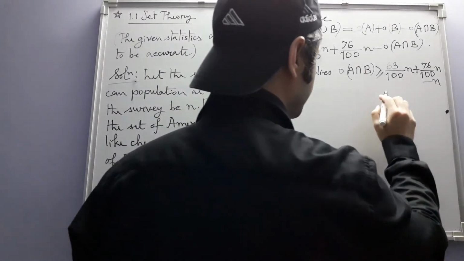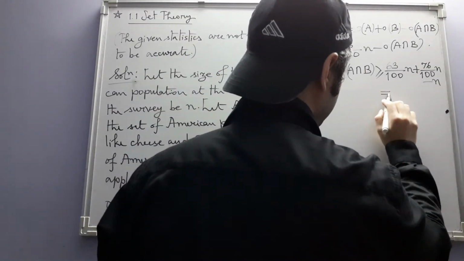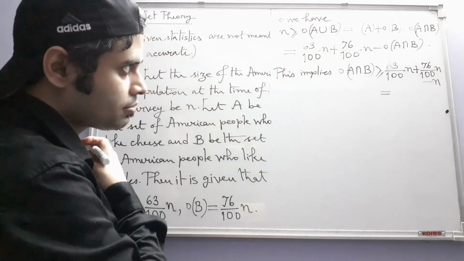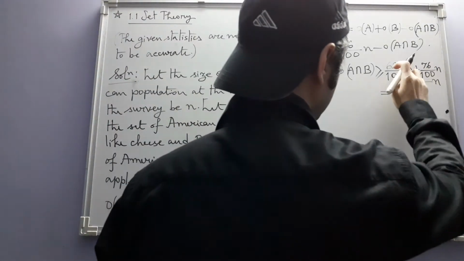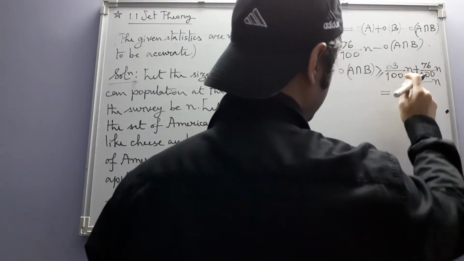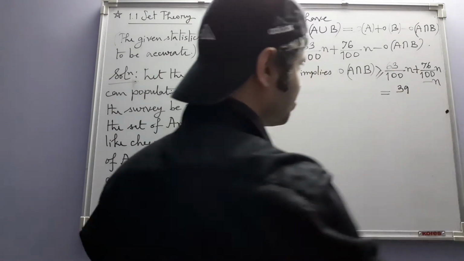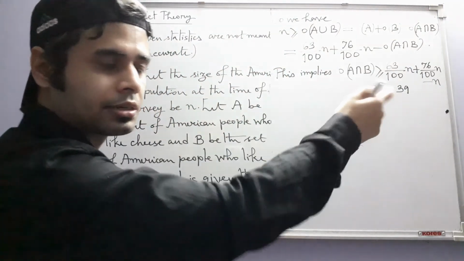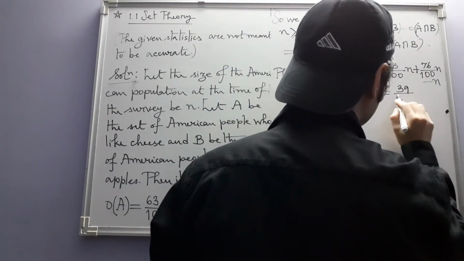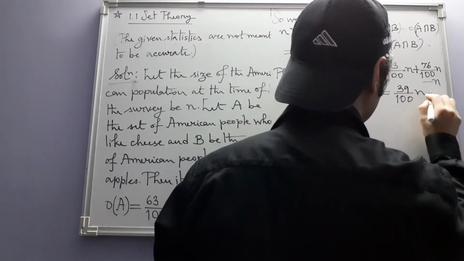Okay, and the right hand side is equal to, what will it be? 6 plus 3, 9, 39, because we have minus n, 139 minus 100, so 39 divided by 100 n.